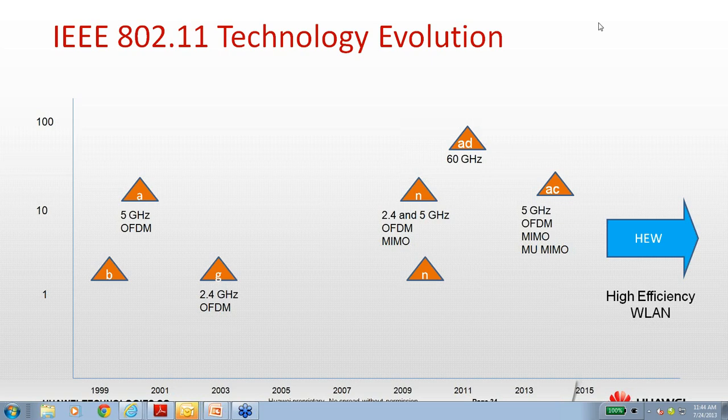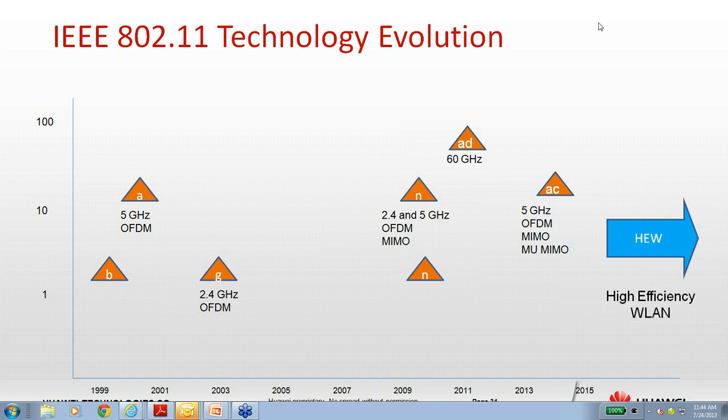The specification itself has been stable for some time now, and there are already 11AC chips in the market, first generation chips supporting three spatial streams and up to 1.3 gigabits per second.